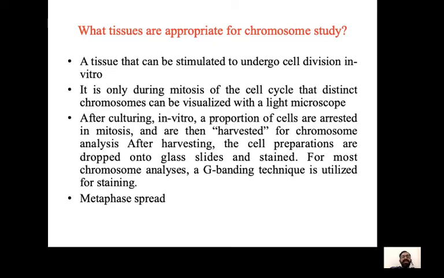We have seen this in the grasshopper example studied in the last practical lecture. Mostly in mammalian cells we use the G banding technique for the staining, and we separate the chromosomes at the metaphase stage of their division.